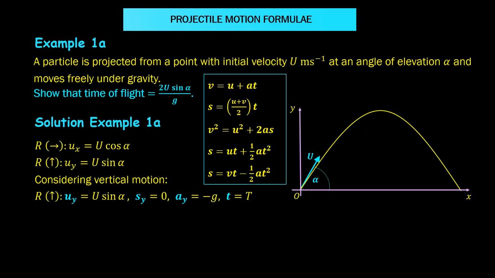So which of these equations of motion should we use? We need to use the one which includes all the letters u, s, a, and t in it. And in particular, it's this one, s equals ut plus a half at squared.